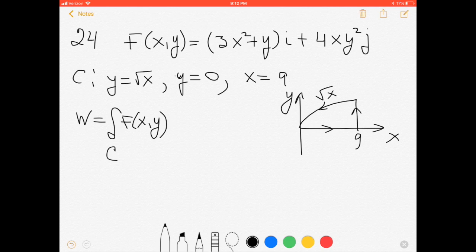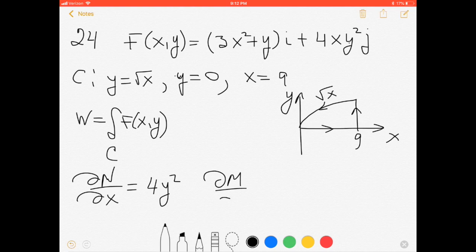Now we need to count what this will be. dN by dx will be 4y squared. dM by dy, I think it's only 1.